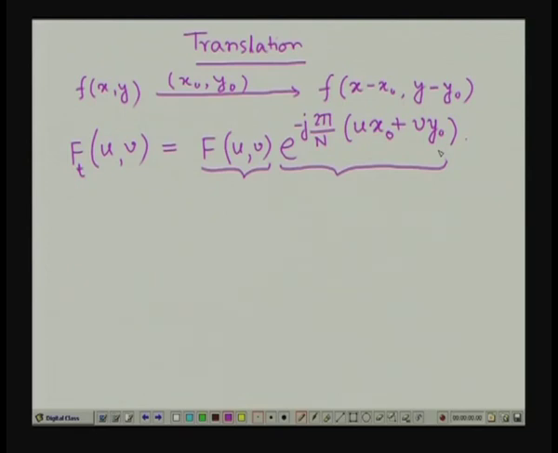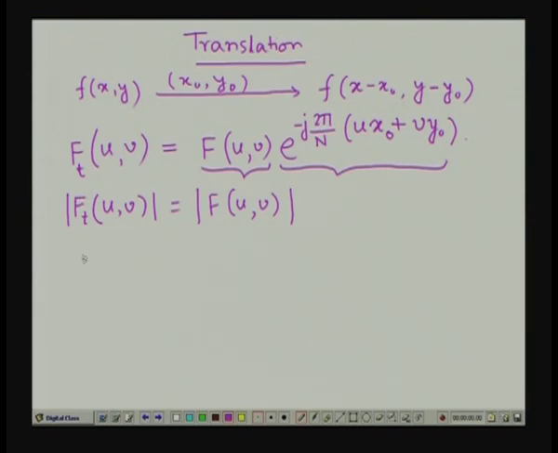So, if we consider the Fourier spectrum of this particular signal, you will find that the Fourier spectrum, that is the magnitude of F t(u,v), will be the same as the magnitude of F(u,v). Now, this term e to the power minus j 2 pi by N (u x naught plus v y naught) simply introduces an additional phase shift, but the Fourier spectrum remains unchanged.